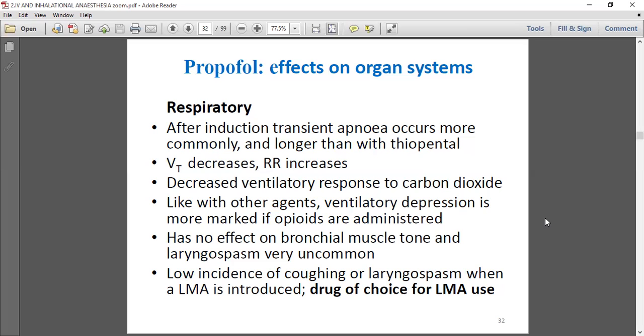So maybe VT is something like ventilatory, maybe the ventilatory peak flow meter thing.